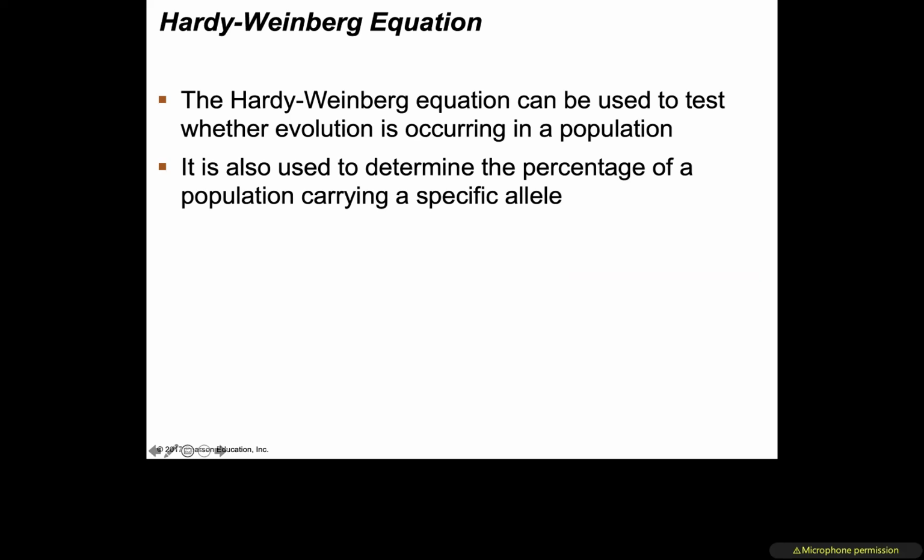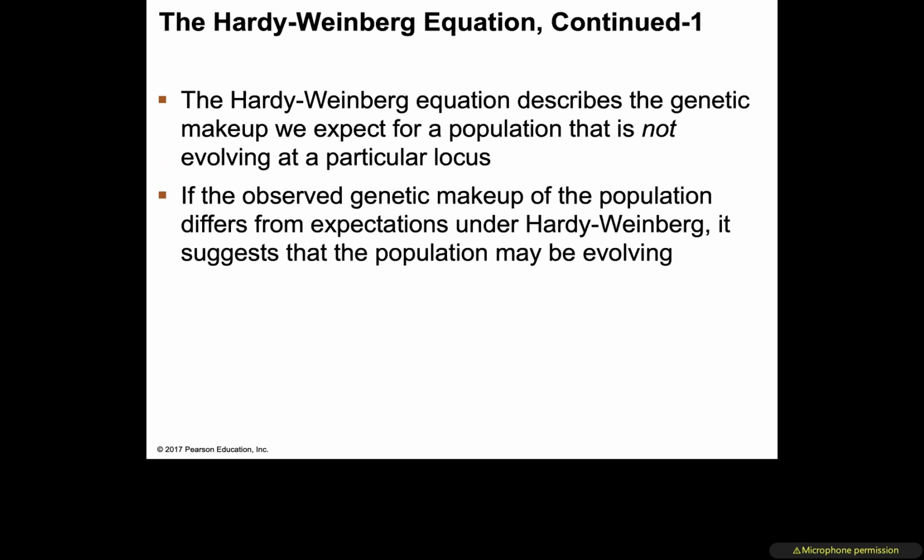Meaning, going back to the fuzzy antlers, suppose we want to know how many alleles in the population are fuzzy antler alleles and how many are smooth antler alleles. You could figure out a percentage of fuzzy antler alleles versus smooth antler alleles within a population.